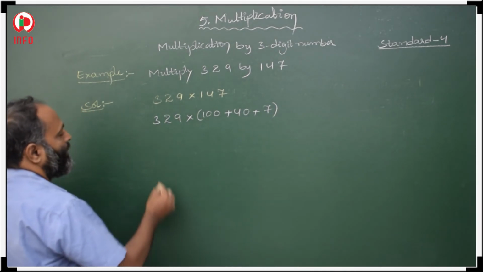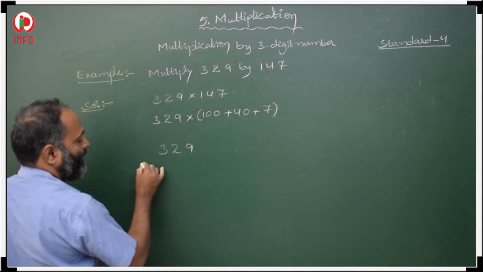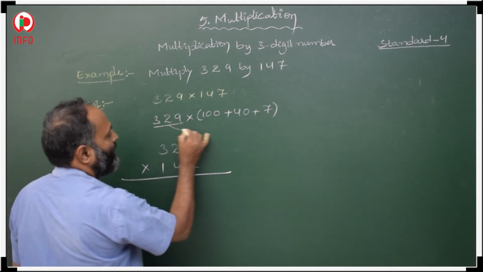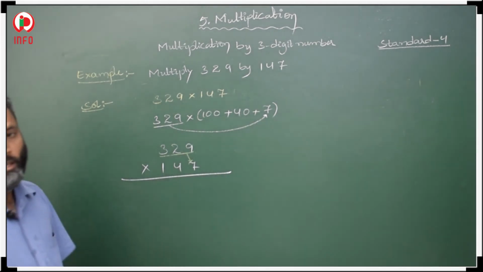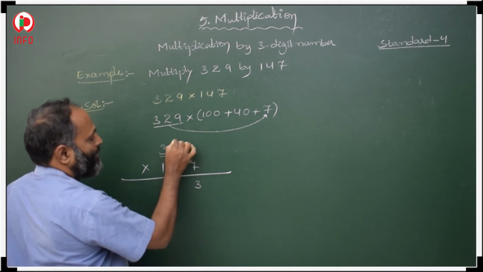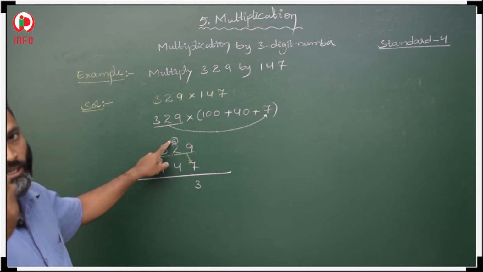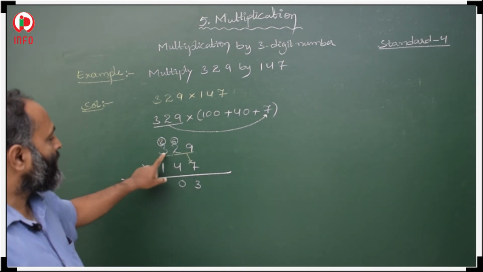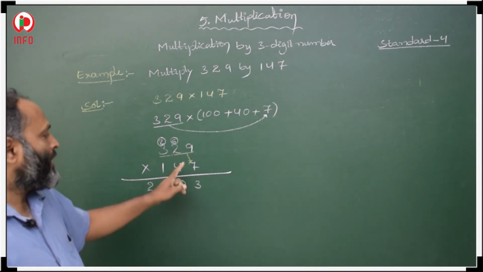First we have to multiply 329 with 7. 7 nines are 63, 3 here and 6 here. 7 twos are 14, 14 plus 6, 20. 0 in tens, 2 in hundreds place. 7 threes are 21, 22, 23. Multiply with 7 is over.